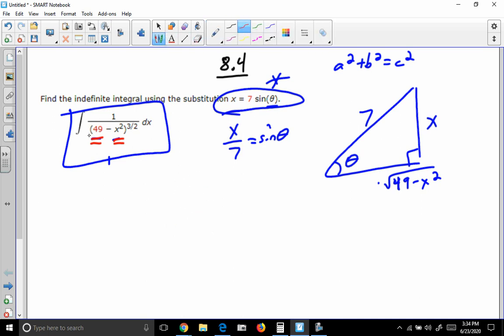If we want to get rid of 49 minus x squared, or let's rewrite this and look at it like this. In our triangle, we have the square root of 49 minus x squared. Well, what is this? This is the square root of 49 minus x squared raised to the third power.